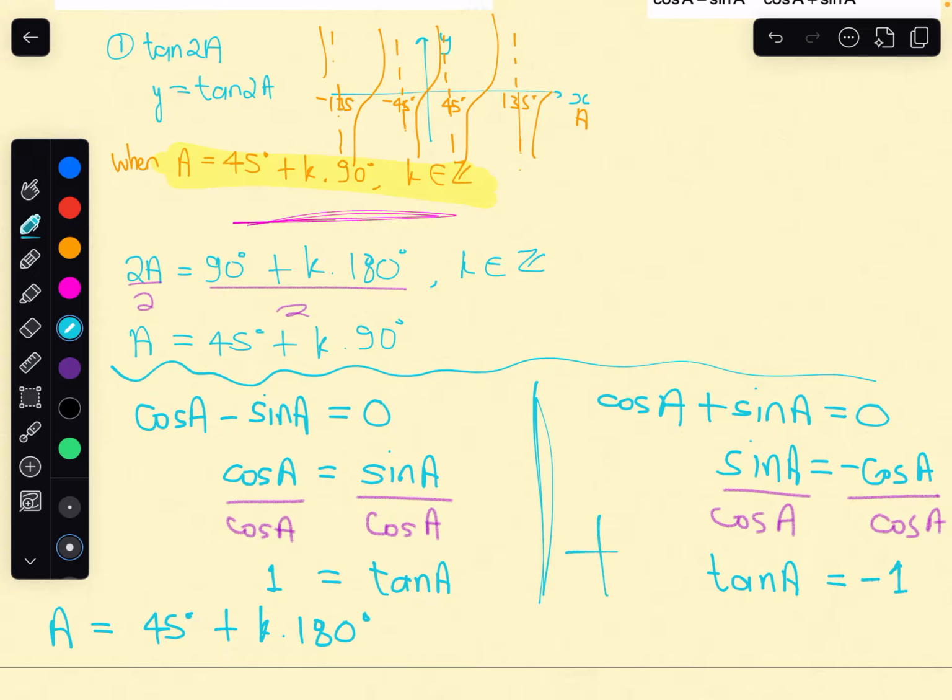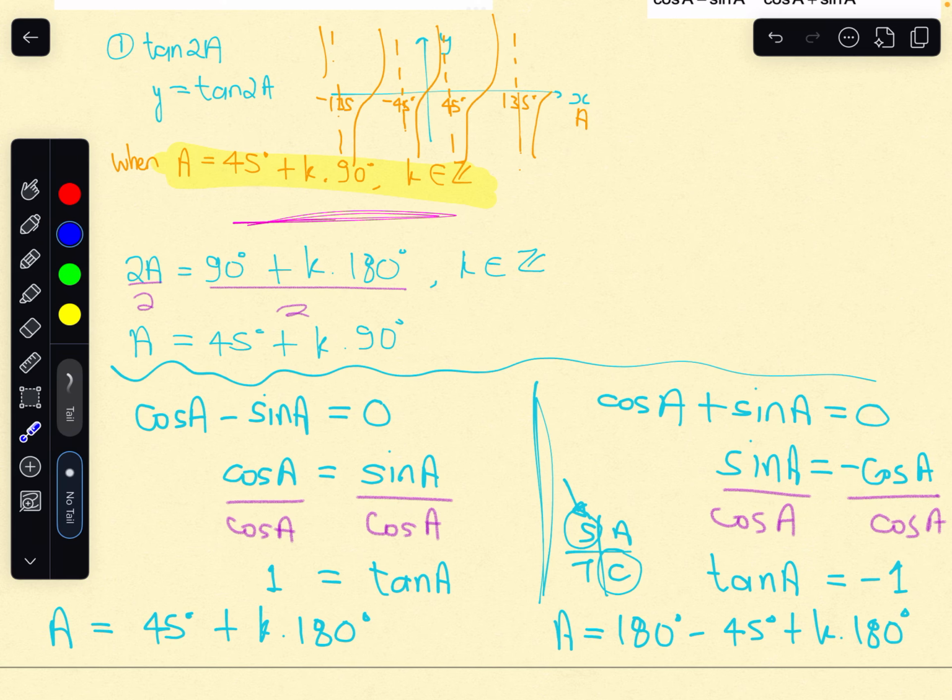So if you think about CAST, tan is negative here and here, right? Our reference angle is 45 degrees. So the angle in here, the twin angle, will be 180 minus 45 degrees. And then we'll do k180, which will take care of the angles in this quadrant and the angles in this quadrant as well.